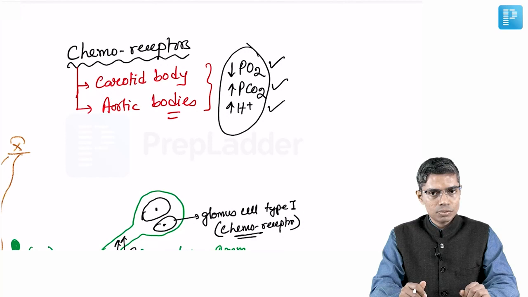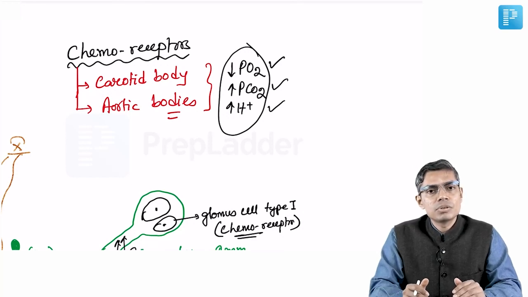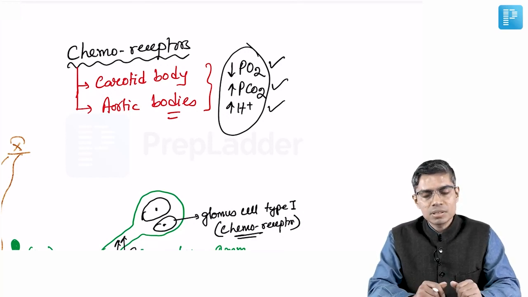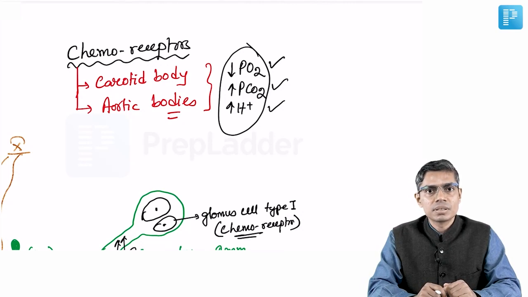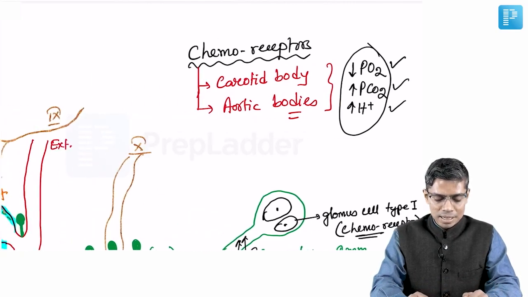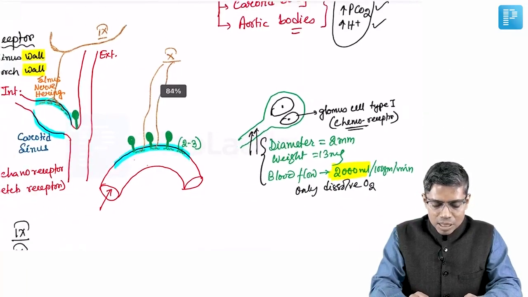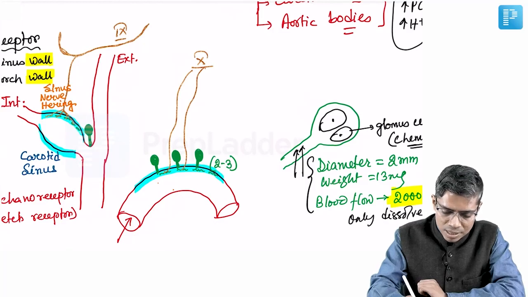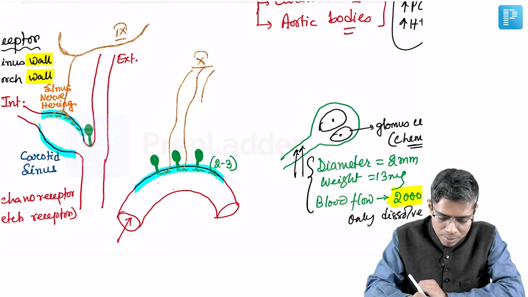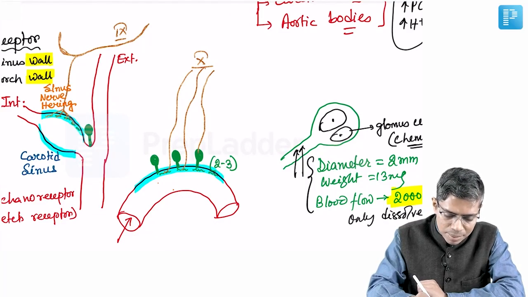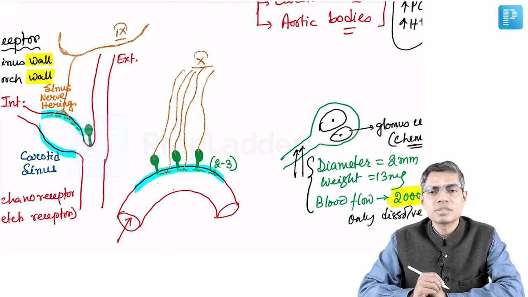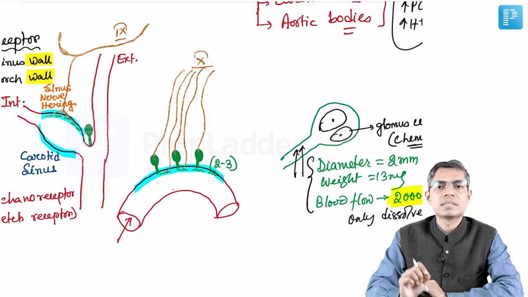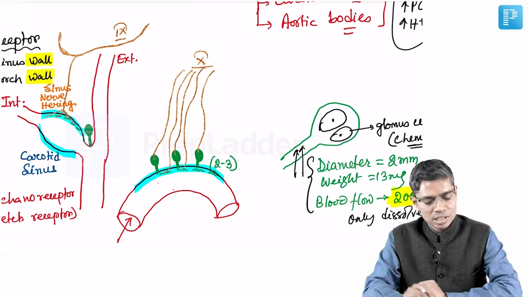So you must be thinking, how is this chemoreceptor going to regulate my blood pressure, because it is not even stimulated by blood pressure, right? That we are going to understand. But now look at the afferent neuron supply. The afferent supply to this chemoreceptor is similar to the baroreceptor because it is located in the same area. So the same vagus which is supplying the aortic arch baroreceptor is going to supply the chemoreceptor also.